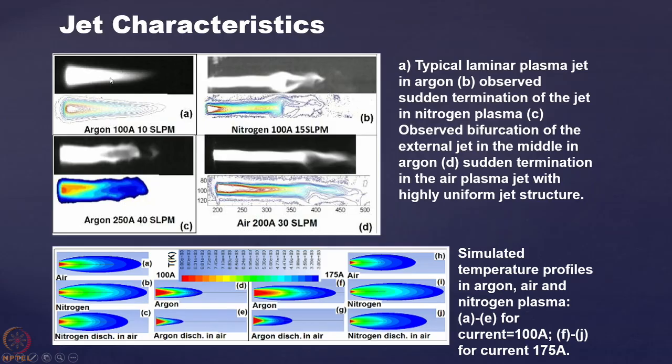Now here we see two. One is the argon plasma jet, which was very cool, not oscillating, almost steady behavior, and there you see the jet coming like this. And another case is the air plasma jet, where this photograph was taken once, and you are seeing that the plasma jet is coming out as if there is an obstruction on which it is impinging, and then on either side of that the plasma is coming out.